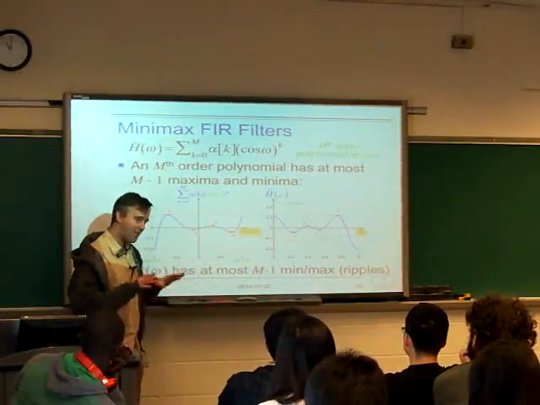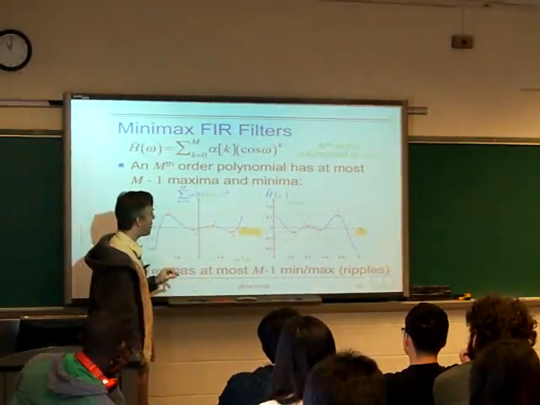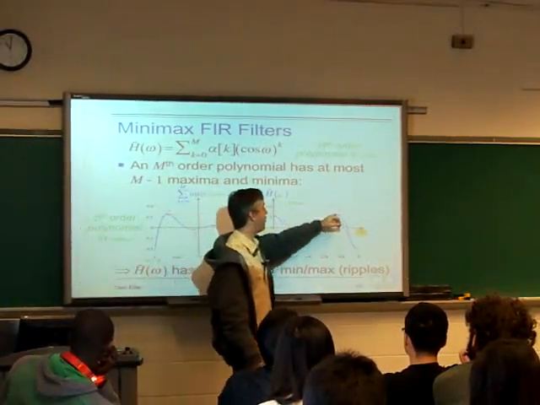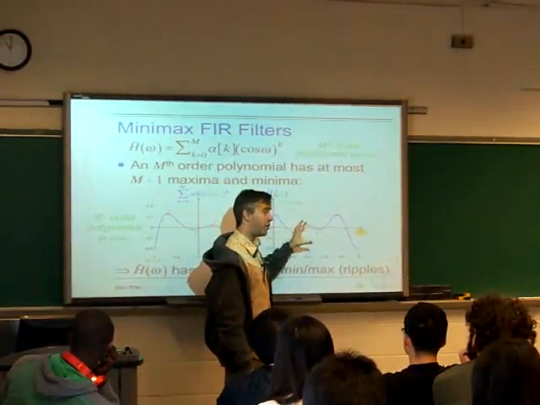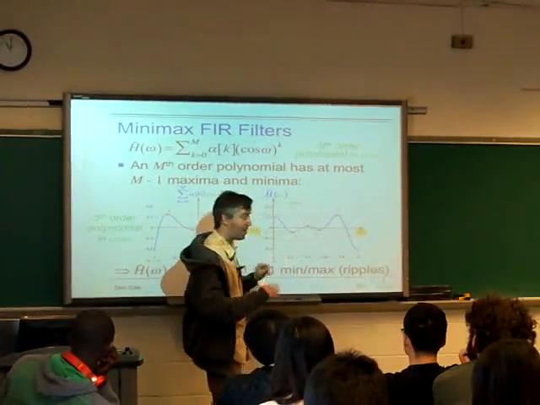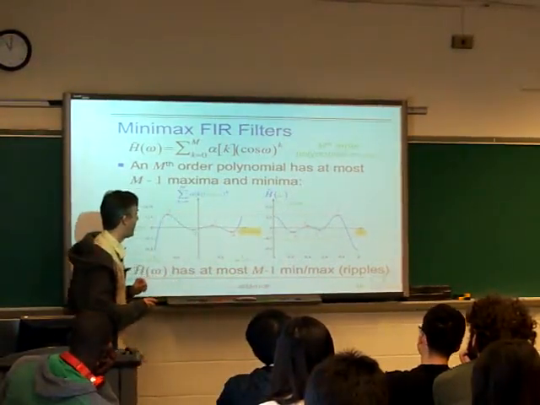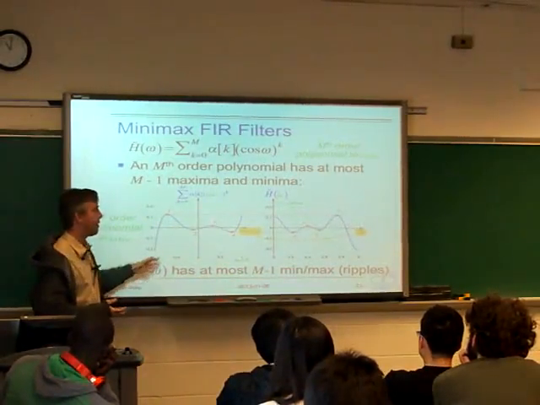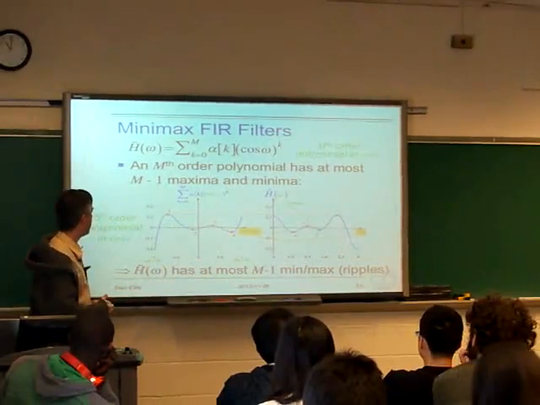But the reason I'm talking about this is that if I've got a fifth order polynomial here, I can only have up to 4 extrema in between, in the middle here. So this is going to turn out to be important later, and you can see that it falls out of the relationship to this polynomial in cosine omega.